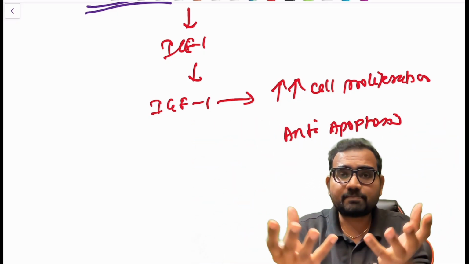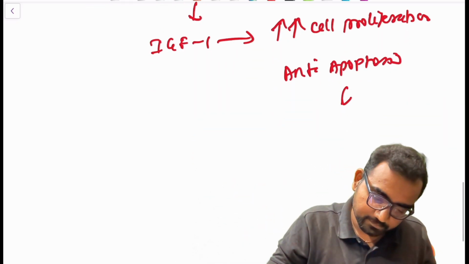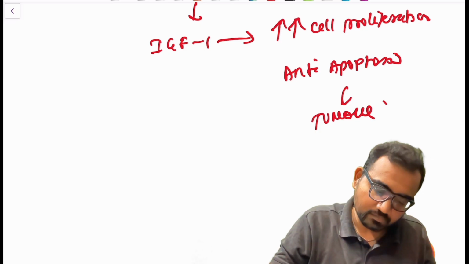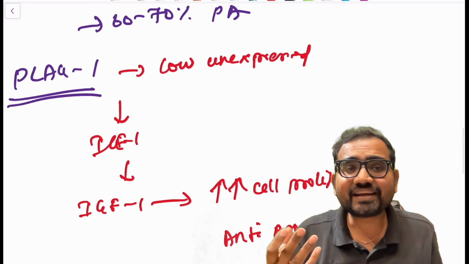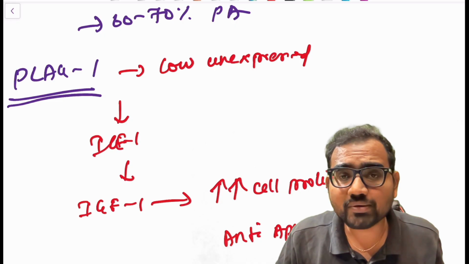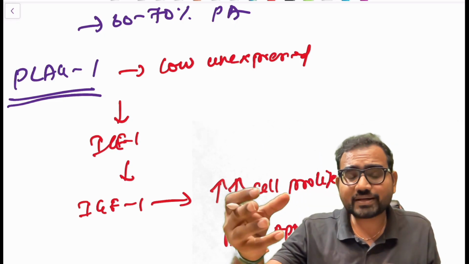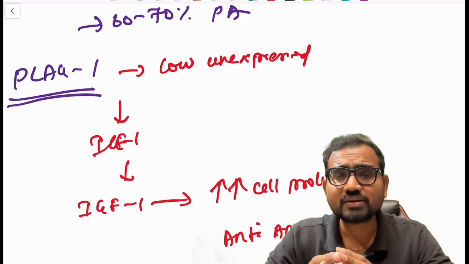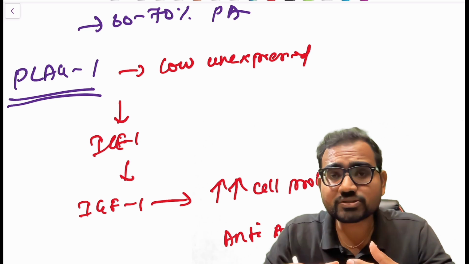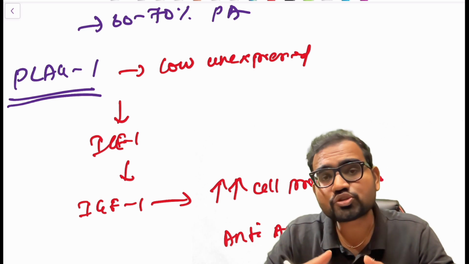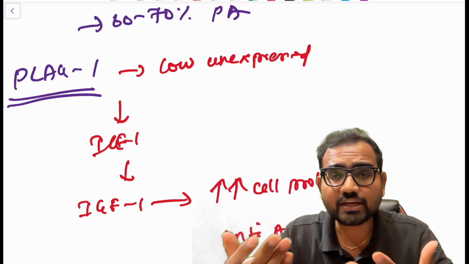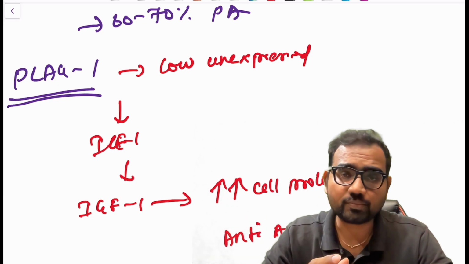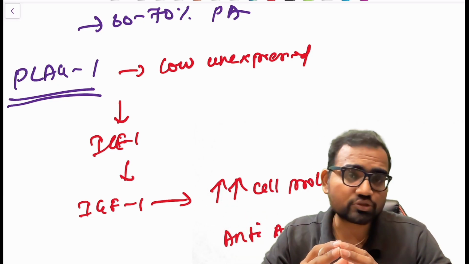So that becomes a tumor. So pleomorphic adenoma, the main pathophysiology, is genetically inherited. PLAG1, pleomorphic adenoma activator gene 1, is normally present in adults, but in low or unexpressed forms. Once it is activated, it stimulates insulin-like growth factor 1, which results in increased cell proliferation and anti-apoptosis, resulting in tumor formation. So this is the basic pathogenesis.